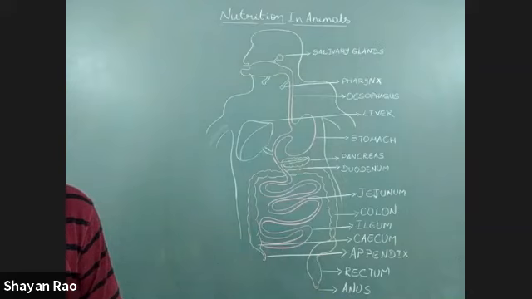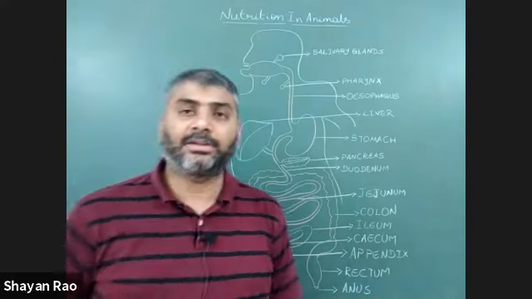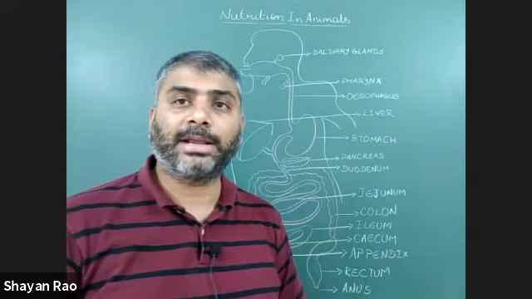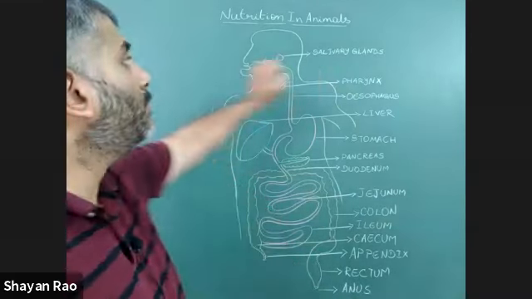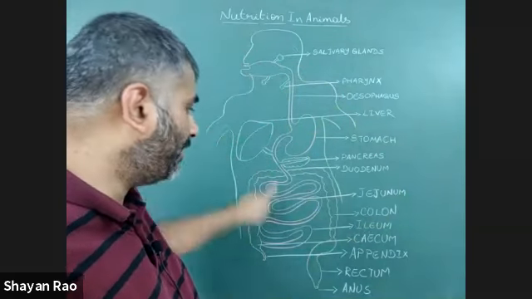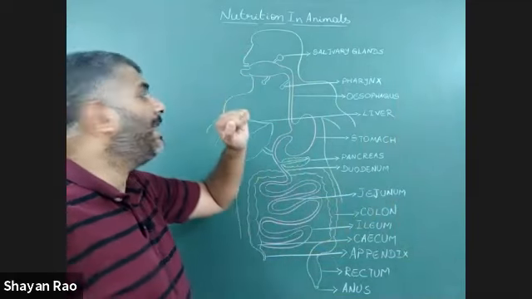So now let's observe how things work with respect to the digestive system. As we have already understood, the digestive system is comparatively complicated. In the human body, the digestive system consists of the alimentary canal.